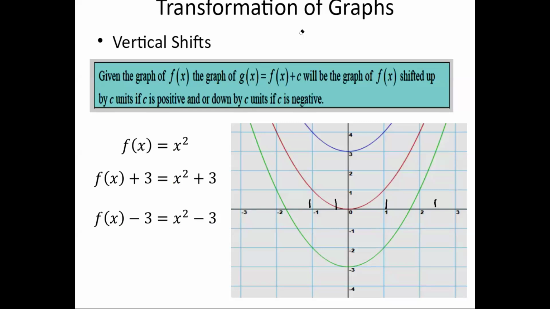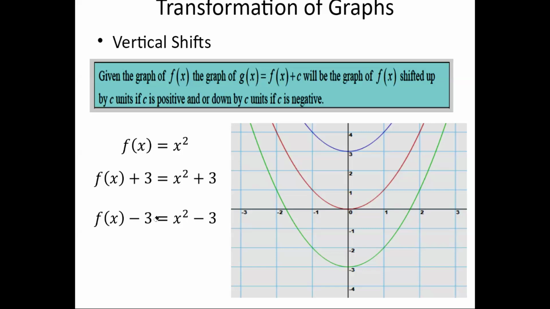So let me touch on a little bit of transformation of graphs, right? Here you have a function f(x) equals x squared. That's this red here, the red you see there. Let me erase all this. So if I were to just add 3 to the function, you have x squared plus 3. What happens is the function goes up, and this purple graph is up there.